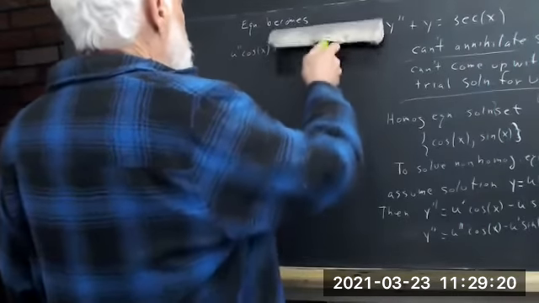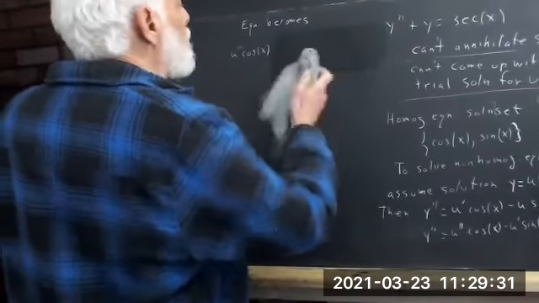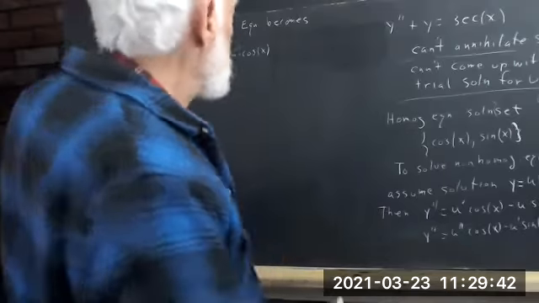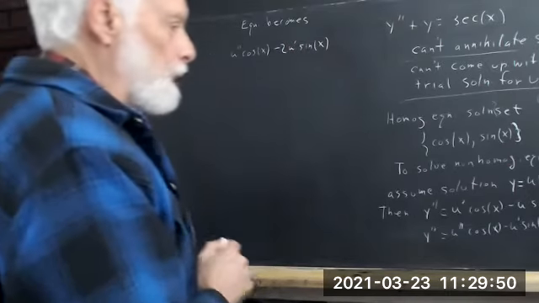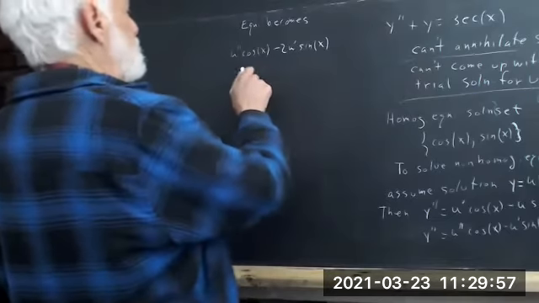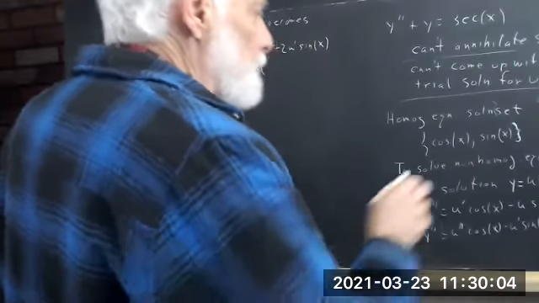So let me correct this. We have our u double prime cosine x minus 2u prime sine of x, and then plus u times the sine of x here and the cosine of x there, and they're both positive.